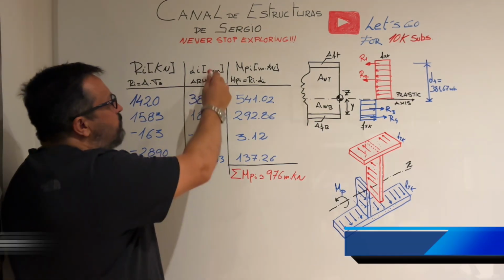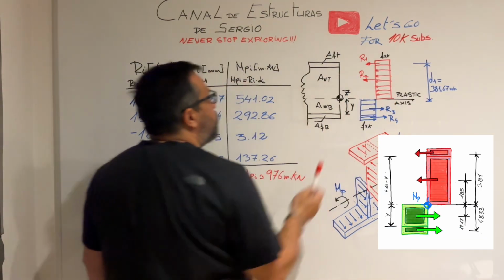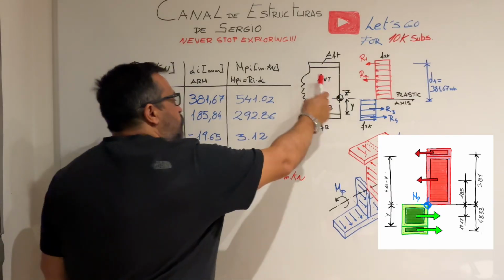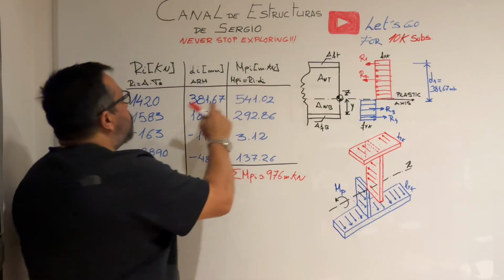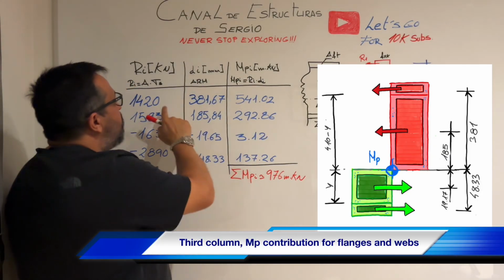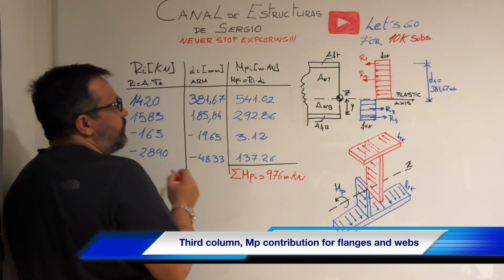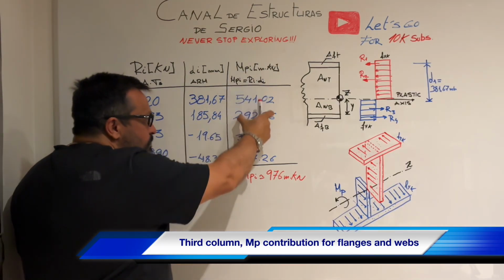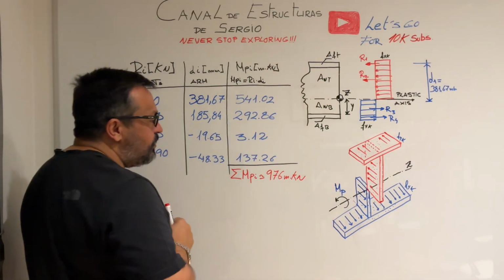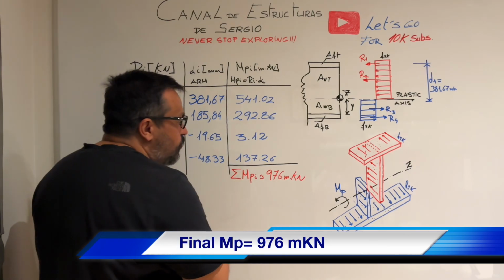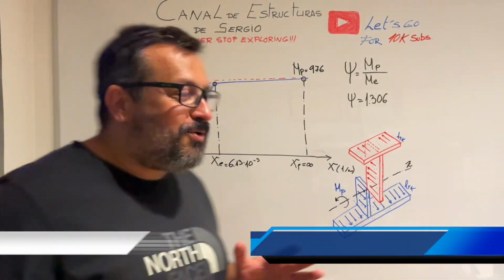In the second column we have the arm, that is the distance from the axis to the horizontal resultant forces for the top flange, top web, etc. In the third column we have the final contribution to the plastic bending moment of each element, just the resultant force times the arm. If we make the summation of these terms, we get the final plastic bending moment for this section, which is 976 kilonewton meters.